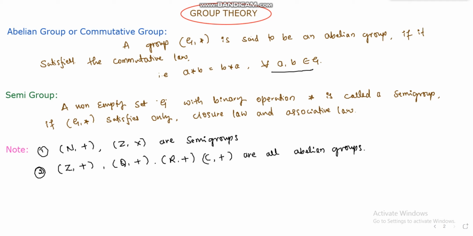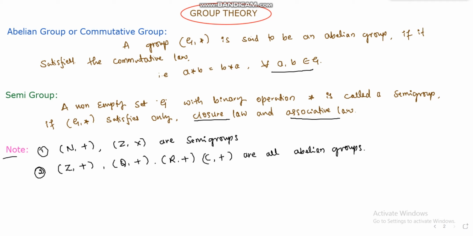The next definition is semi-group. A non-empty set G with binary operation star is said to be a semi-group if (G, star) satisfies only closure law and associative law. Let us take down one note here.